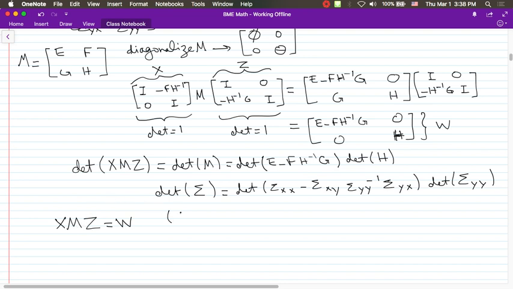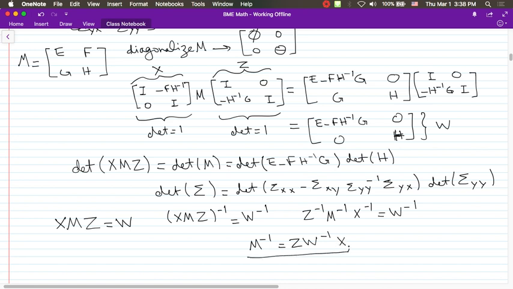Well, that's (XMZ) inverse is equal to W minus 1. So then Z minus 1, M minus 1, X minus 1 is equal to W minus 1, which means that M minus 1 is equal to Z W minus 1 times X. Okay.